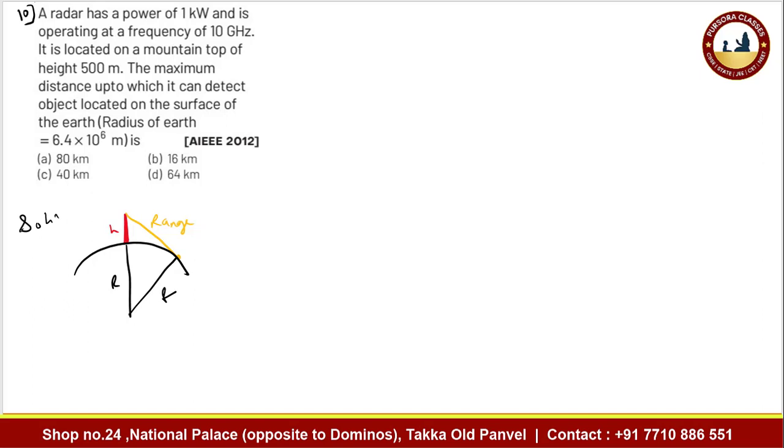So for your range, we can apply Pythagoras theorem from here. We will get hypotenuse square, that is h plus r the whole square, equals one side square plus other side square. So range will be equal to root of h plus r the whole square minus r square.